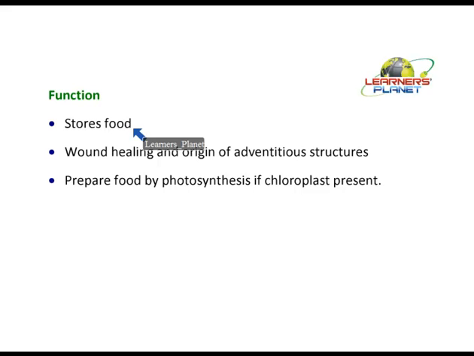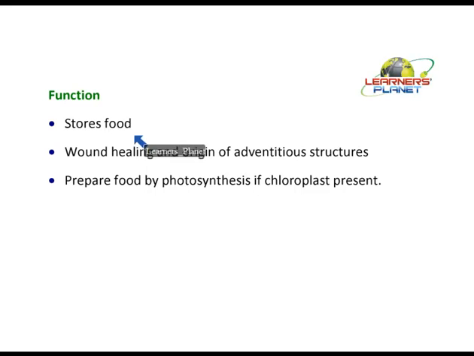For example, the excretory material, the material which has to be thrown out of the cell, which is not useful for the plants. So that is to be eliminated. So temporarily they are going to be stored in the parenchyma tissue, and then they will be excreted out by various methods.